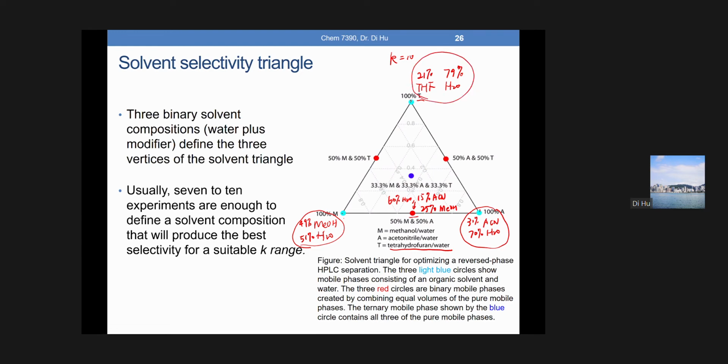That will be about 75% water, so try this combination: 10% THF, yes, thanks for the response, and 15% ACN.